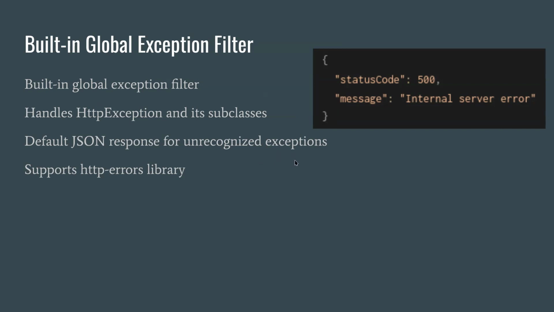So when an exception is unrecognized, meaning it is not an HTTP exception or its subclass, the built-in filter generates a default JSON response with a status code of 500 and a message indicating an internal server error. This mechanism ensures that users receive a consistent response even in case of unexpected errors.